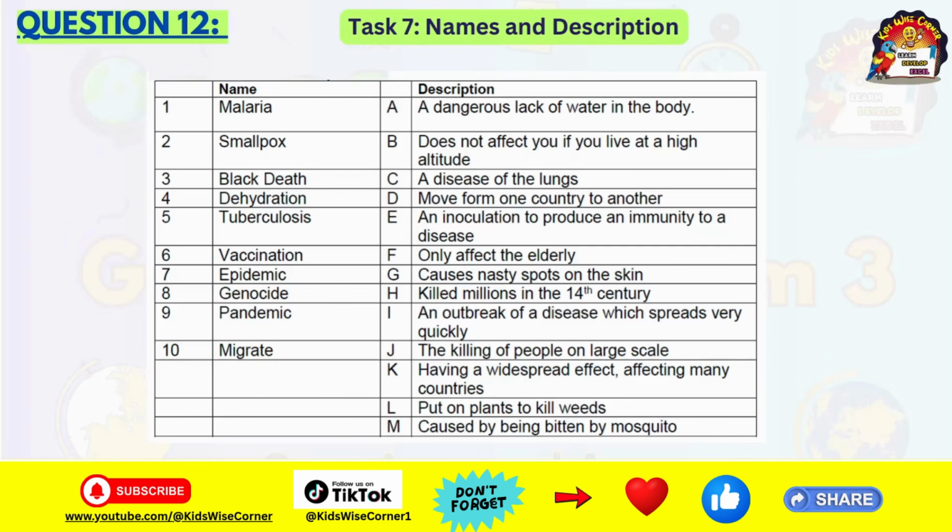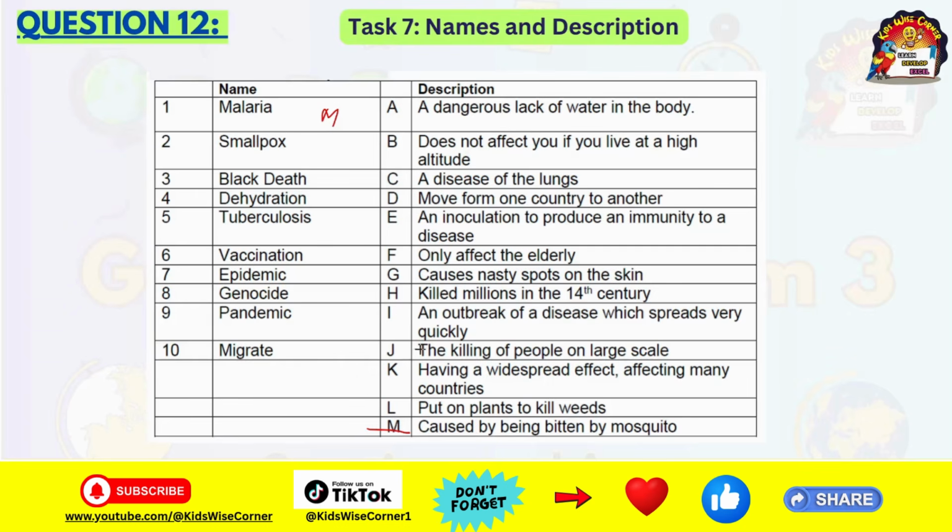So let's go. The first one is malaria. Malaria is caused by being bitten by mosquitoes. So malaria is M. Smallpox. Smallpox is spots on the skin.